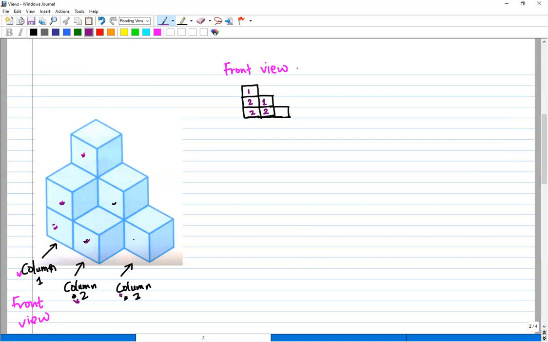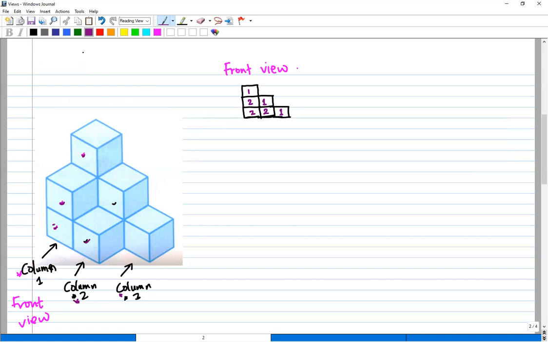Column number 3 has one level and with one cube behind. You see, in front, we don't have there any cube. So that's why we have got to write 1. You see? So when you look at the front view, this is what you can see. But these numbers that we are writing, they show how many cubes are there.